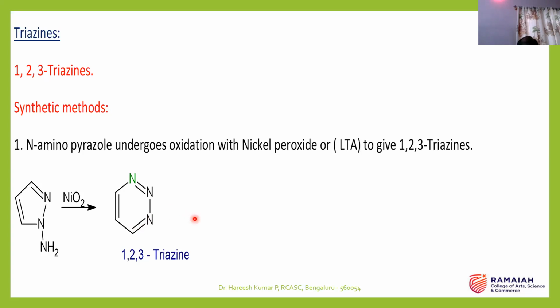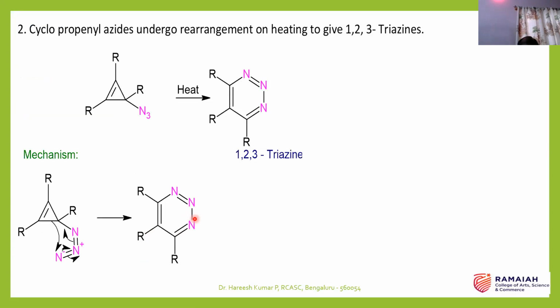With this, I will go to another method. Okay, so here what you can observe is a three-membered ring with N3. N3 means azide. So N3 means azide functional group. So now this is cyclopropyl azide.